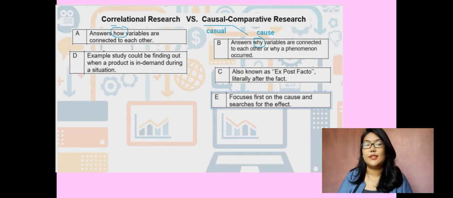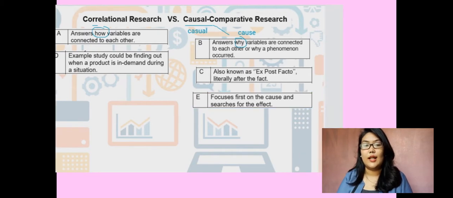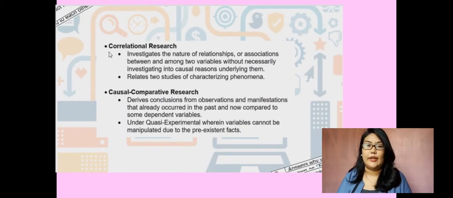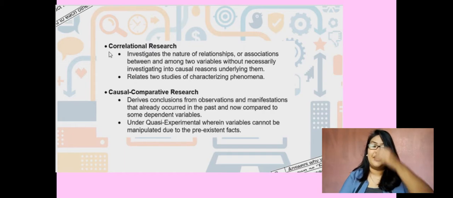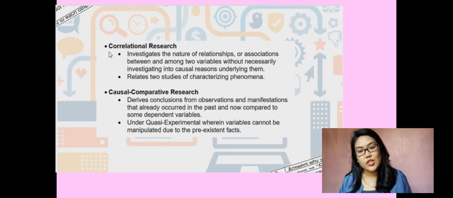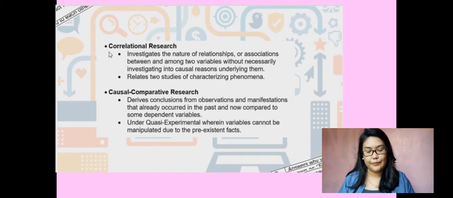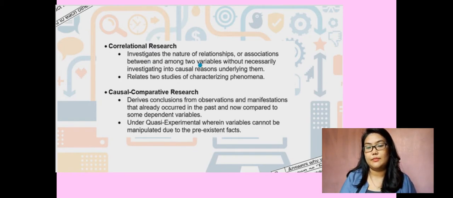I hope that it's clear to you. Do not be confused. Alright, let's wrap up correlational and causal with this. There you go. Correlational, again, investigates the nature, relationship, or associations, ayun, associate, between and among two variables, without necessarily investigating into causal reasons underlying them.